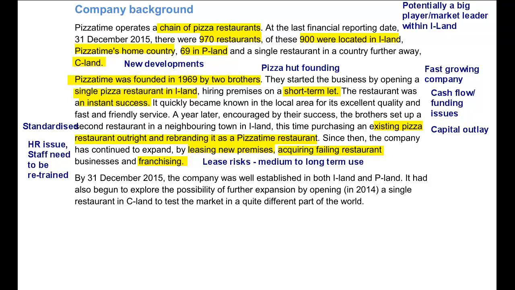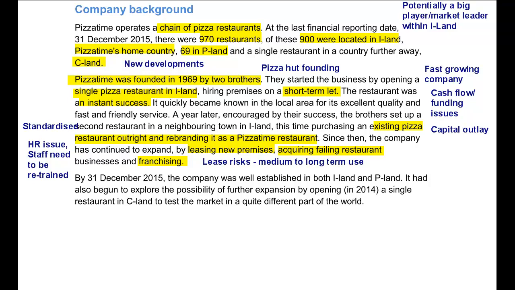And of course, with franchising, there is always a risk of damage to your brand. Now, for those of you who don't know what franchising is, it's when you sell the rights to your organization to an independent party to then basically operate a restaurant under the Pizzatime name, but it's not actually a Pizzatime company as such.